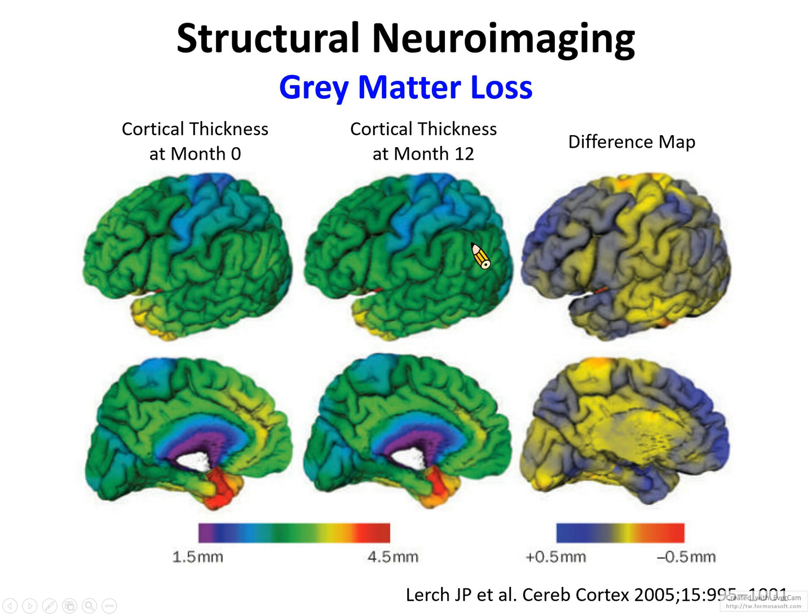If you just look at the cortical thickness, you think there's not much difference based on colors, and our eyes can only identify big changes.